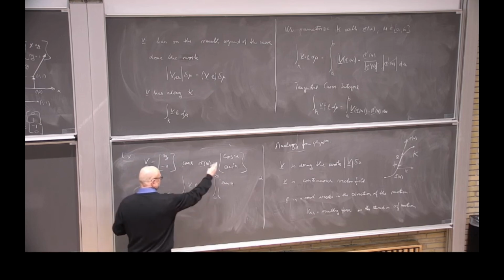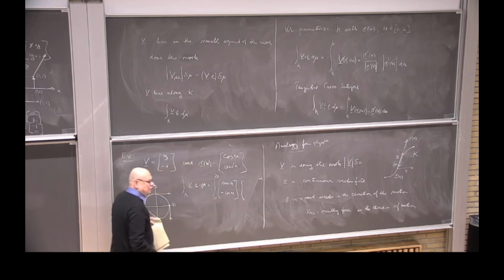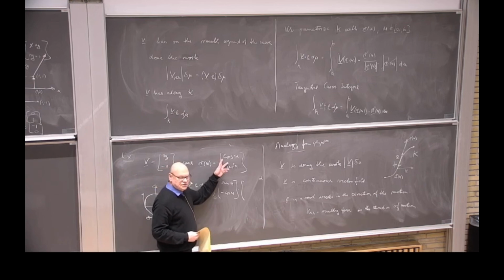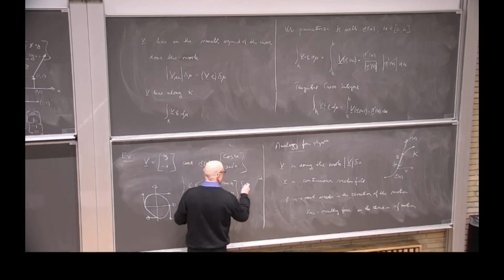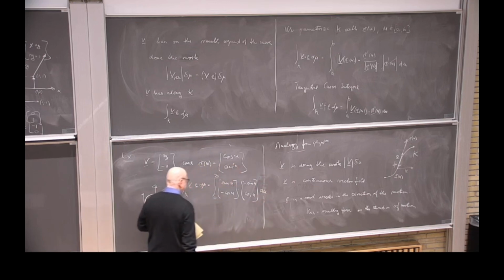Instead of x, you use cosine u. And then you have to dot it with the tangent vector. The tangent vector is simply the derivative of this parametric representation, so you get minus sine u, and then cosine u, and then you have your du.